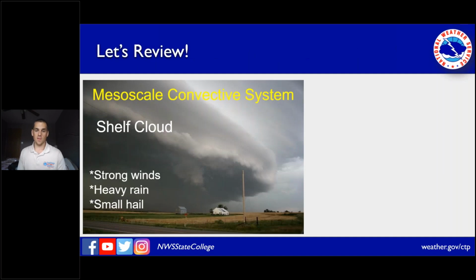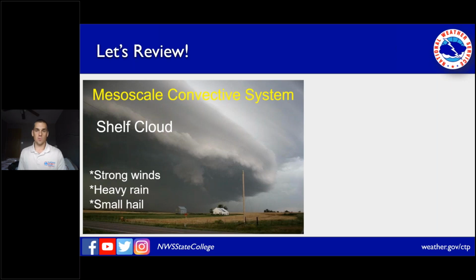So a quick review here of a couple of the keys we've talked about. The MCSs, mesoscale convective systems, again, a type of multi-cell thunderstorm. You start to see this type of feature coming at you, this protrusion of a cloud, looks like a straight line of clouds, maybe with real ragged fragments moving at you.